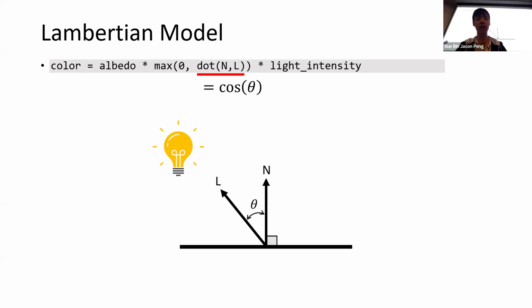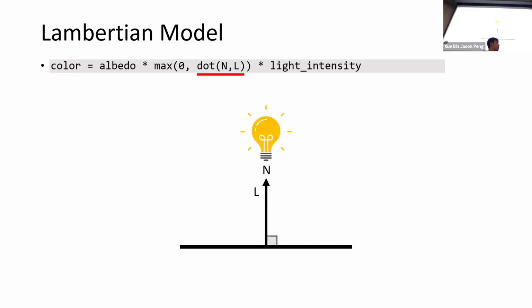Okay, so let's take a look at how this model behaves under different configurations of the light source. Let's say the surface is pointing directly towards the light source. So here the normal vector is exactly aligned with the light vector. So since the surface is pointing exactly towards the light source, the dot product between the normal vector and the light vector is going to have a value of 1. It's going to have a maximum value that represents the most amount of light energy that's going to arrive on the surface of our object.